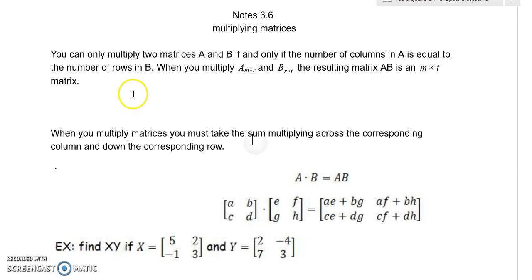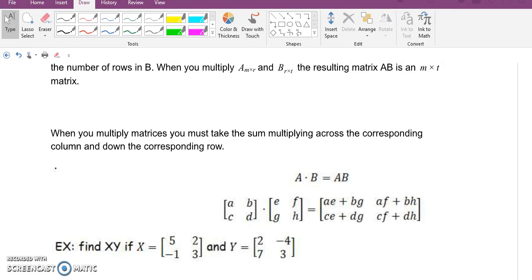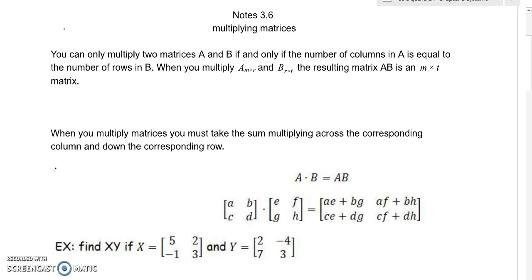So we have rows then columns. M rows by R columns.